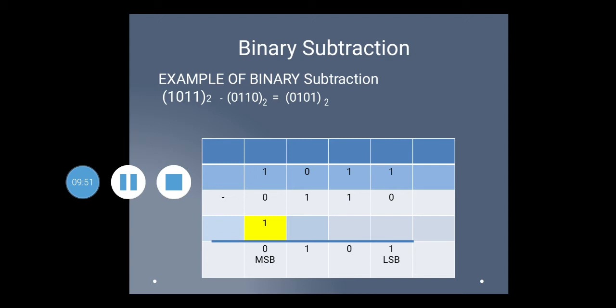So now again here there are 3 bits. When you subtract 3 bits, you have to subtract the first two bits, 1 minus 0, so the result is 1, and subtract the borrow from this result, so 1 minus 1 is 0, and the final answer of subtraction is 0 1 0.